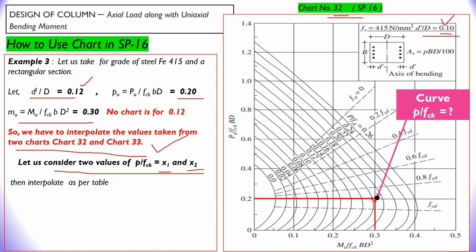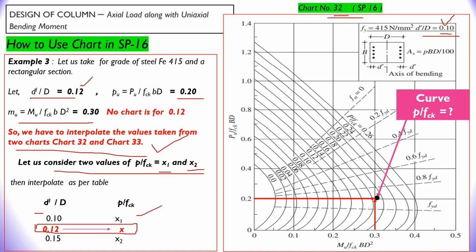Then what do we have to do? We have to arrange these values in a table for the interpolation. The first chart is for d dash by D of 0.1 and the p by fck value is x1 as we have discussed, and for 0.15 it is x2. We are interested in the value belonging to 0.12.